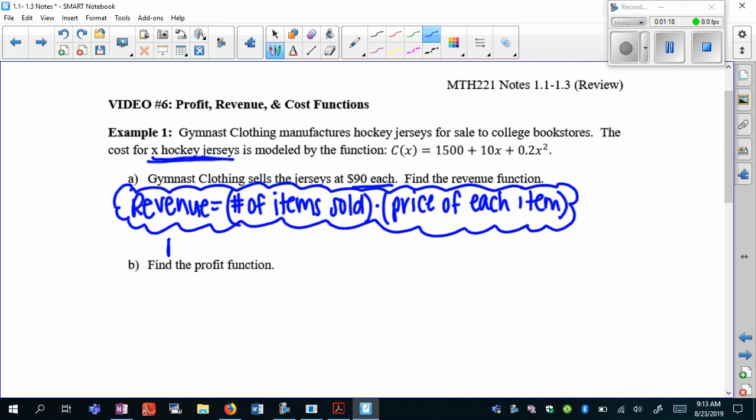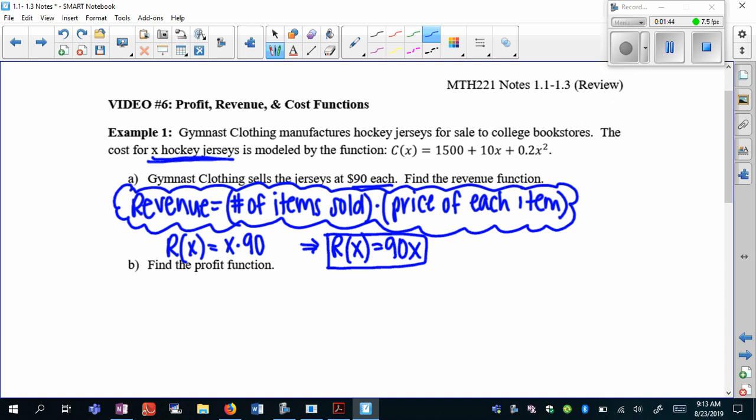So the revenue, we use capital R of x, which is common notation to represent revenue, is going to be x times the $90, which normally we don't write like that. We would write it as R of x equals 90 times x, just like this, 90x. It's not wrong to write it the other way, it's just not as common.